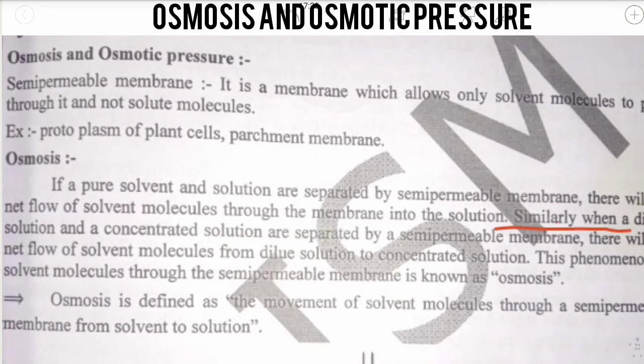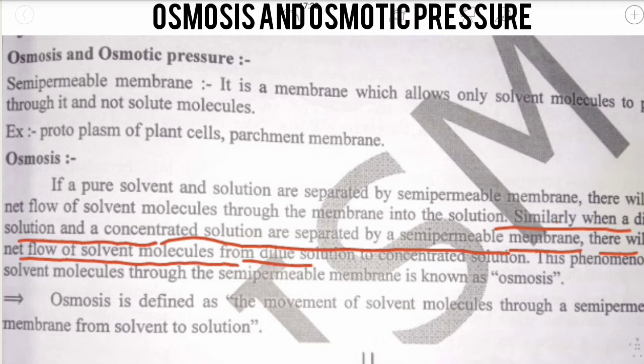Similarly, when a dilute solution and a concentrated solution are separated by a semi-permeable membrane, there will be a net flow of solvent molecules from the dilute solution to the concentrated solution.